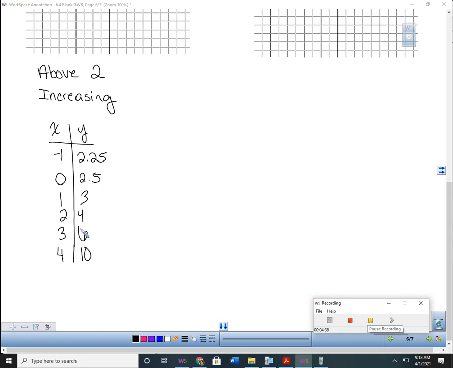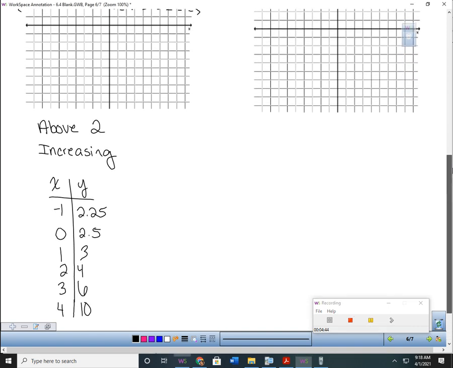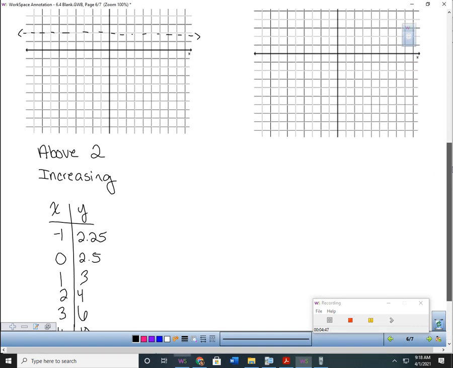Now that we've gotten all of these points from our table, we're just going to graph, and we're going to keep in mind that we are approaching the 2.